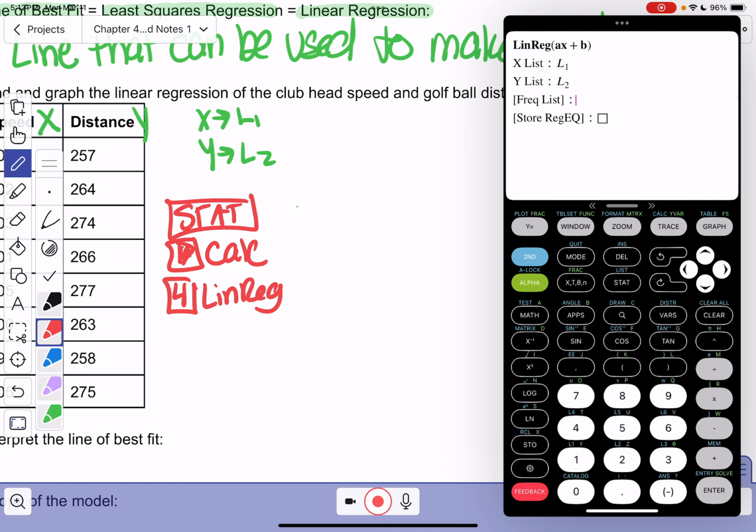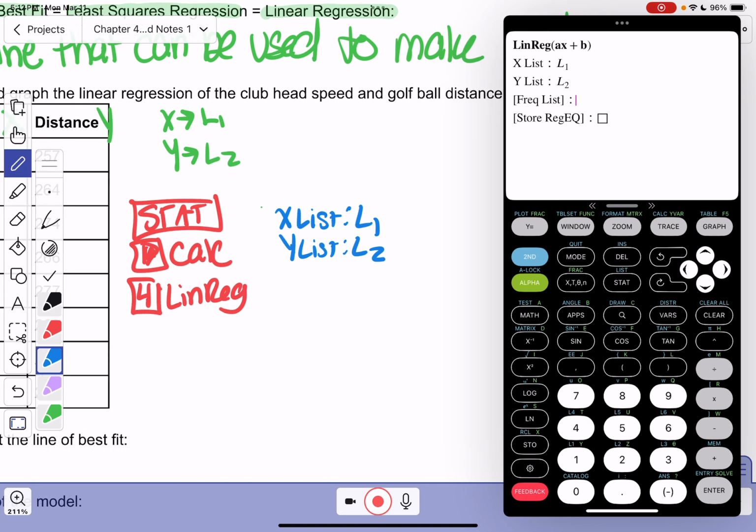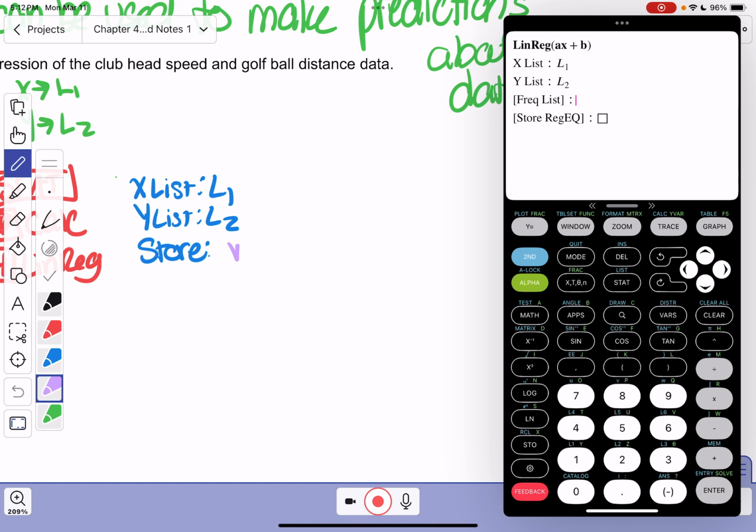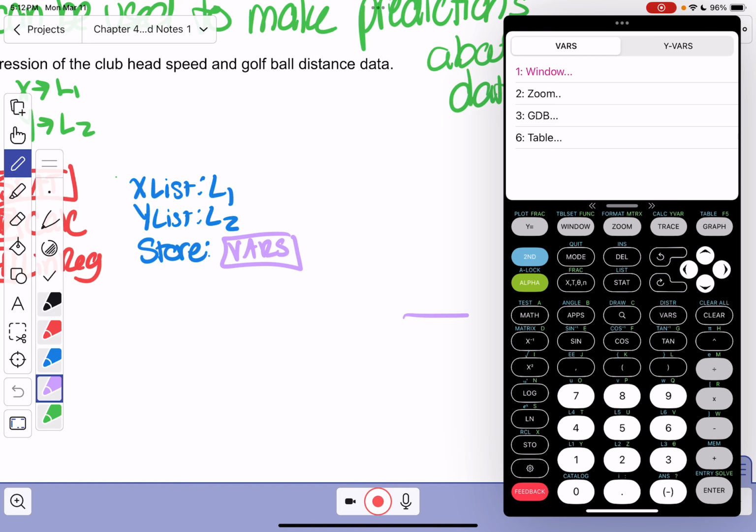And then you want your X list to be L1, your Y list to be L2, and then this is a great place to store your equation. So if you hit the vars button, then you're going to arrow over to y vars, y variables.